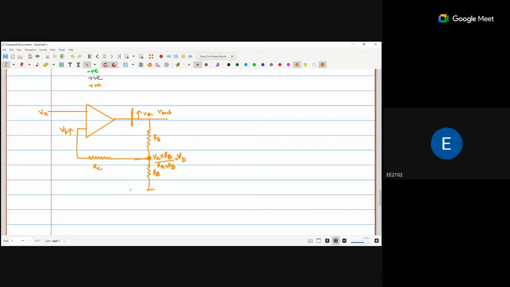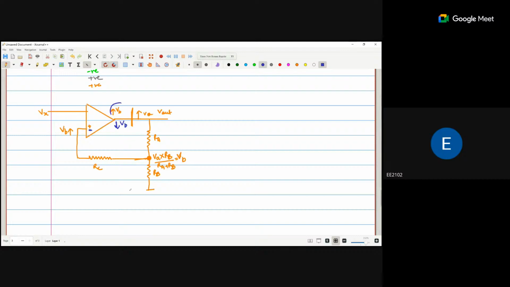Somehow the amount of VB is reduced, but again it is positive. So this is the VB voltage. Now, if I consider this is the positive terminal, VB multiplied with positive terminal, we are getting a positive VB. And if it is a negative terminal, VB multiplied with negative is minus VB.